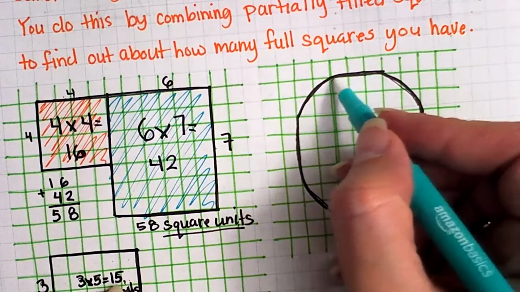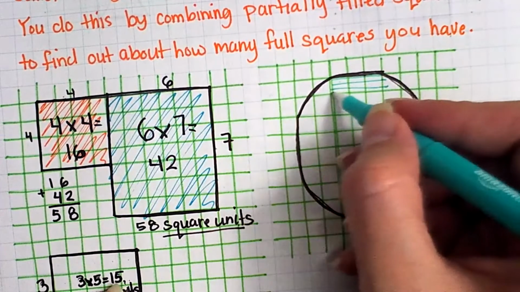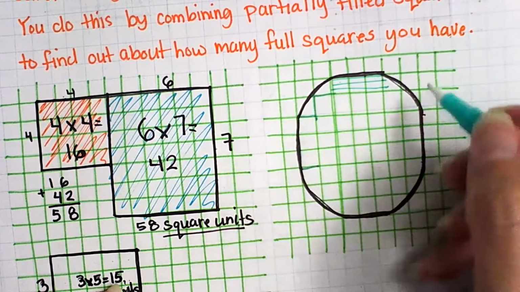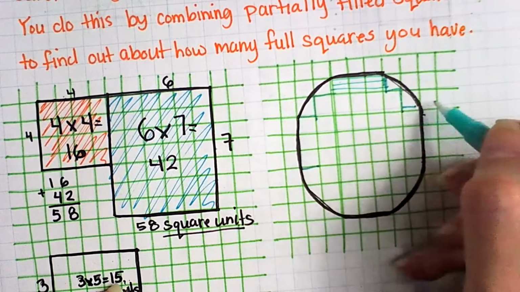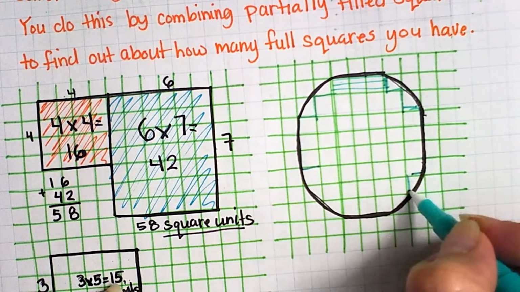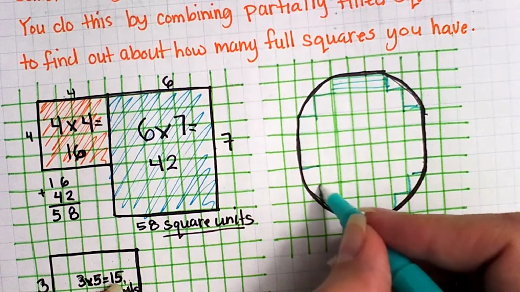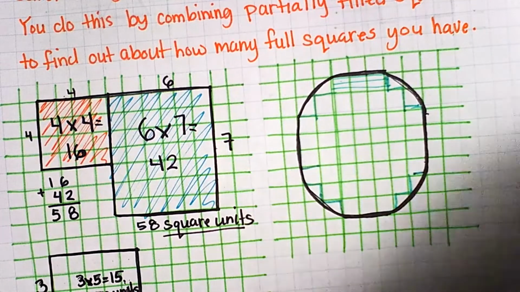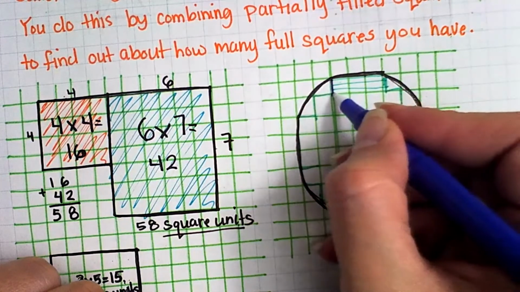Now we know these are all full. This is full. Those are full. Let me actually use something that's more noticeable so that you guys can follow along with me.